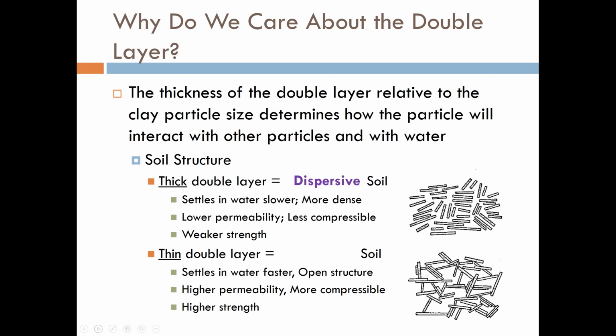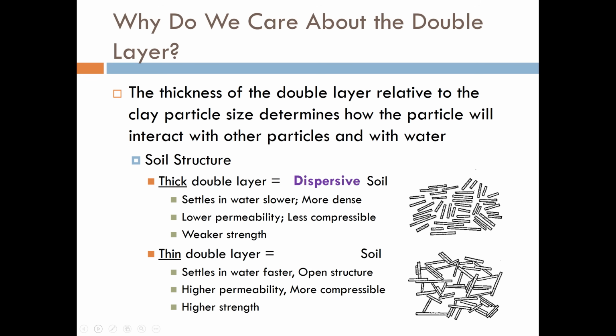A dispersive soil is where the clay particles get spread out and dispersed evenly, so that no particles are really touching, but what instead is touching are the different double layers from the different particles. A dispersive soil has general properties that, for instance, it tends to settle more slowly in water. The double layer acts more like a parachute.